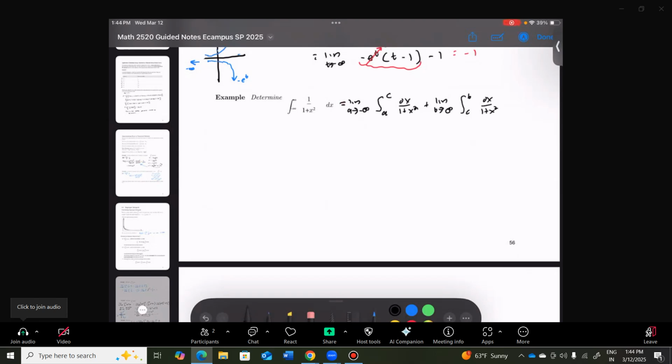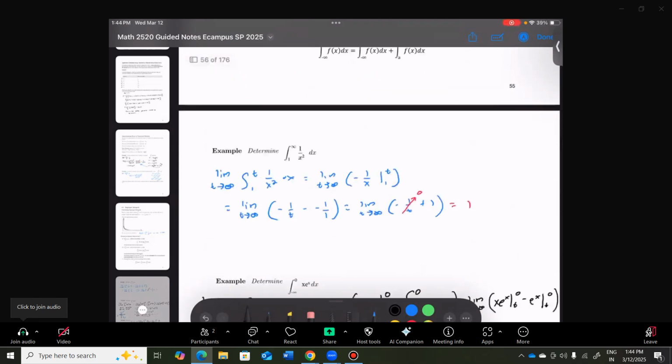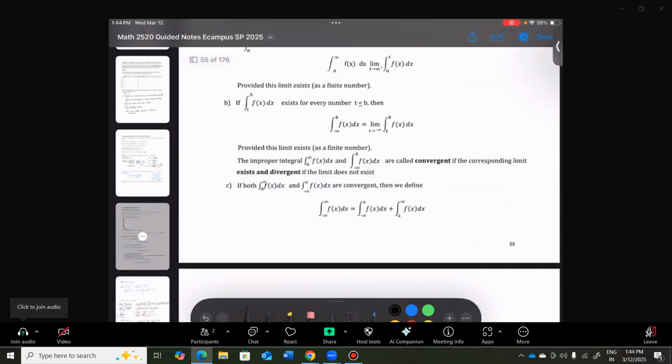This is going back to the formula here, negative infinity to a. We'll just call this c instead, and we're letting a go to negative infinity and b go to infinity. That's all we're doing.